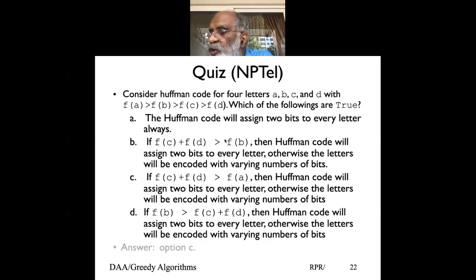So now let's do a quick quiz. This quiz is from NPTEL. Given a Huffman tree with 4 letters A, B, C, D, with the frequencies in this order, Fa greater than Fb greater than Fc greater than Fd, which one of the following statements is true?